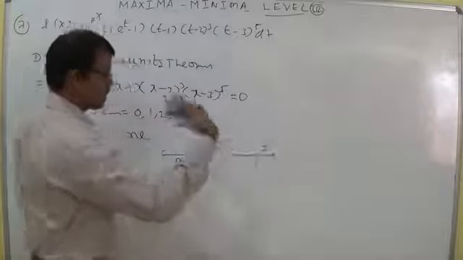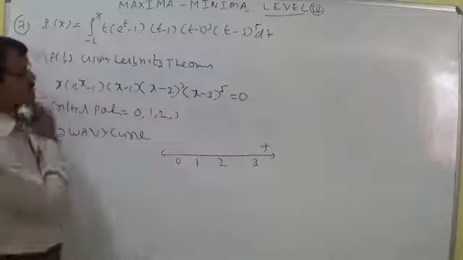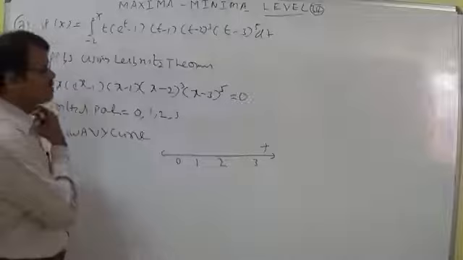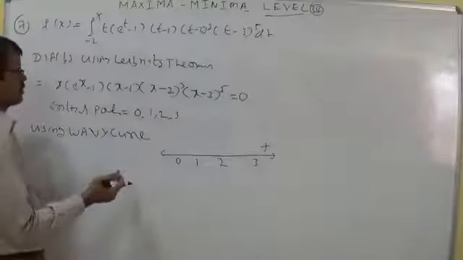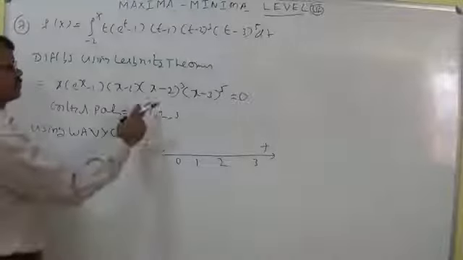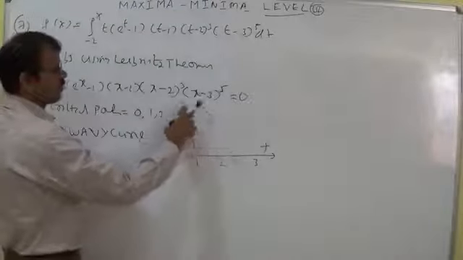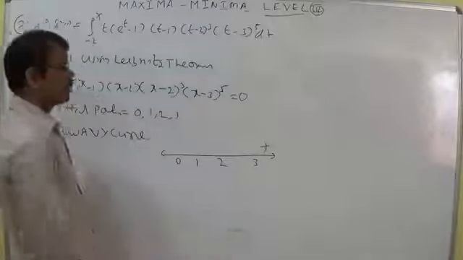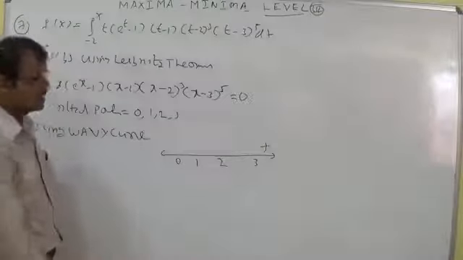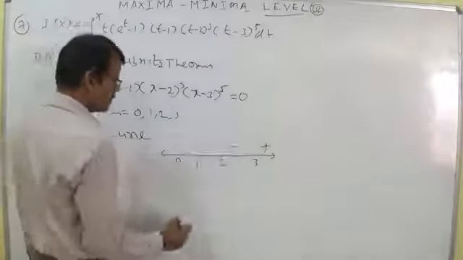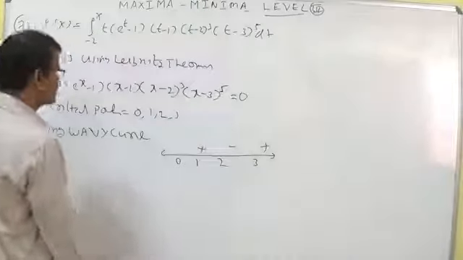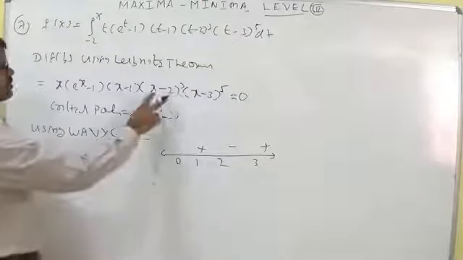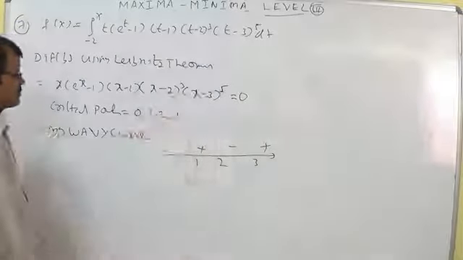So above 3 it is positive. Whenever you are using wavy curve, it will get alternate signs. If you are having any doubt, you can check it. Between 2 and 3, take 2.5: 2.5 minus 3 is minus 0.5, whole power odd number is negative, so the total value is negative. Next, between 1 and 2, take 1.5: 1.5 minus 2 is negative, and negative becomes positive, like that.